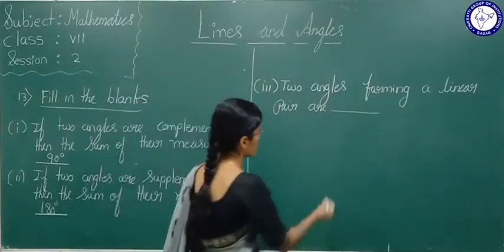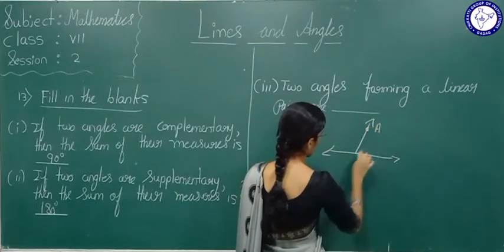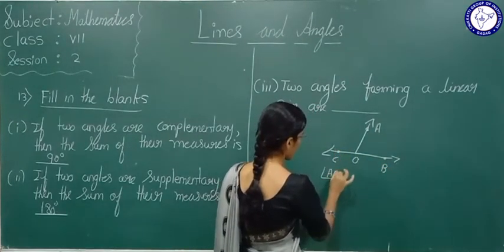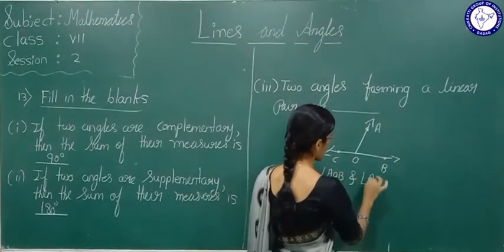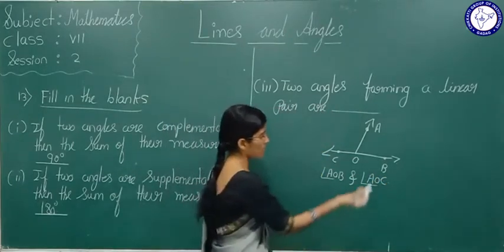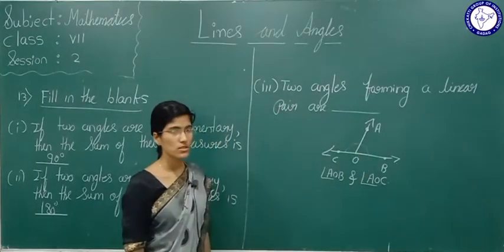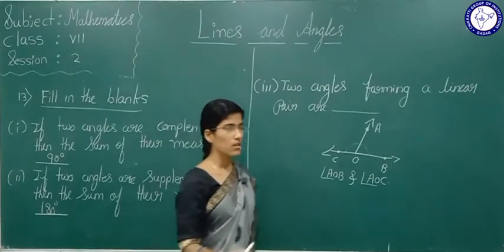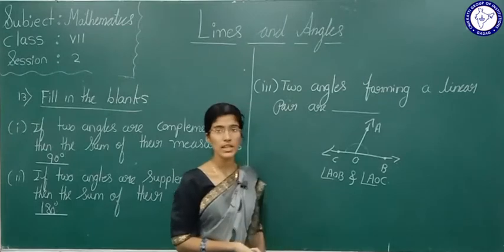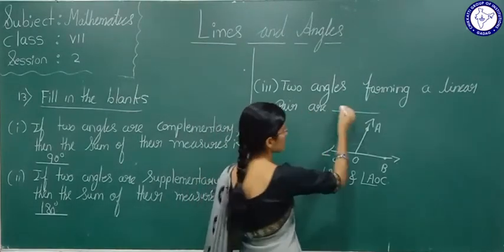Now see, students, angle AOB and angle AOC are what? They are adjacent angles. If the sum of the adjacent angles is 180 degrees, then we are going to call it a linear pair. Okay? Two angles forming a linear pair are what? Supplementary. Yes or no?